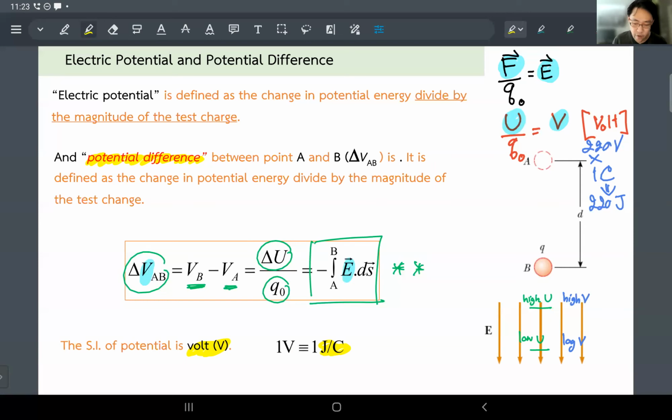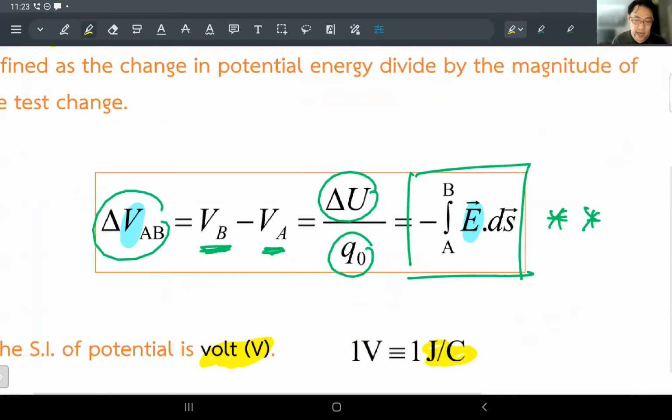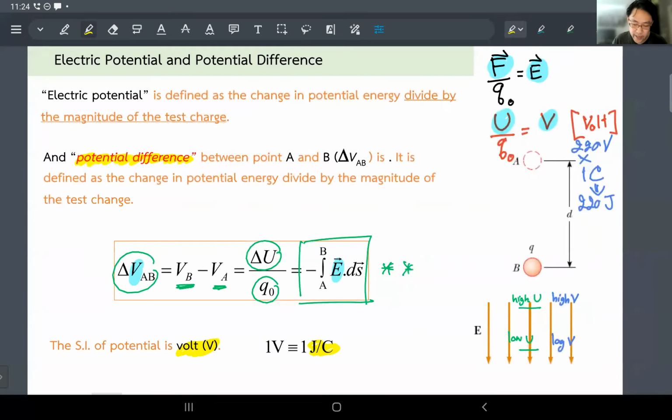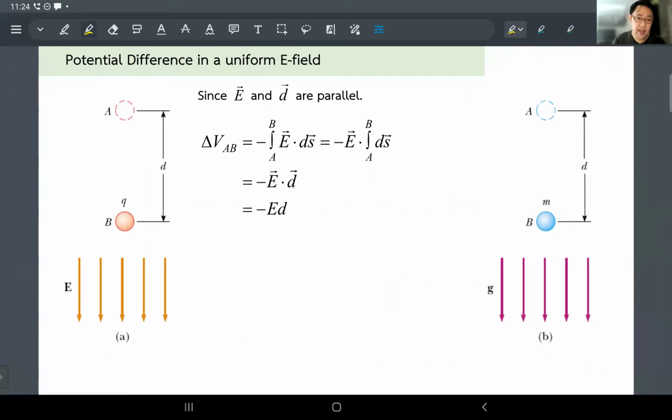But before that, well, Ajahn, are you serious? Are you going to define the potential difference by having the integral equation like this? It is. By definition, this is what it is. However, in reality, we are going to focus only on 2 big cases. One case is when you have a constant electric field.